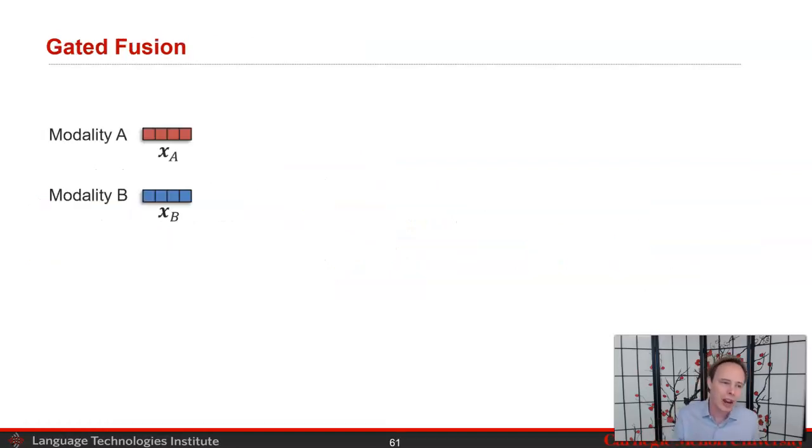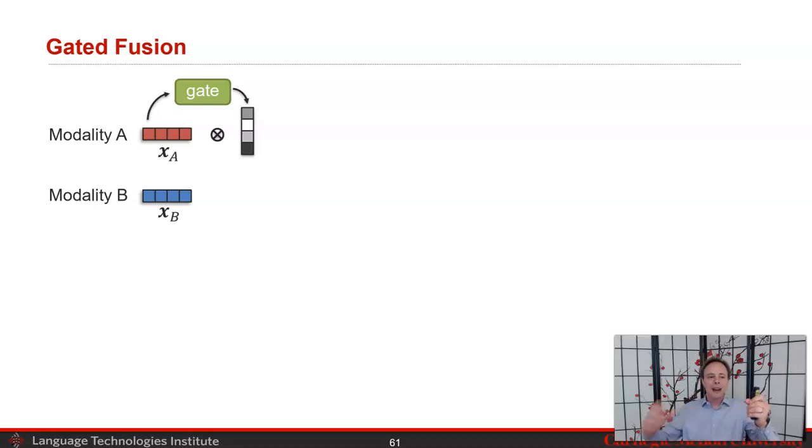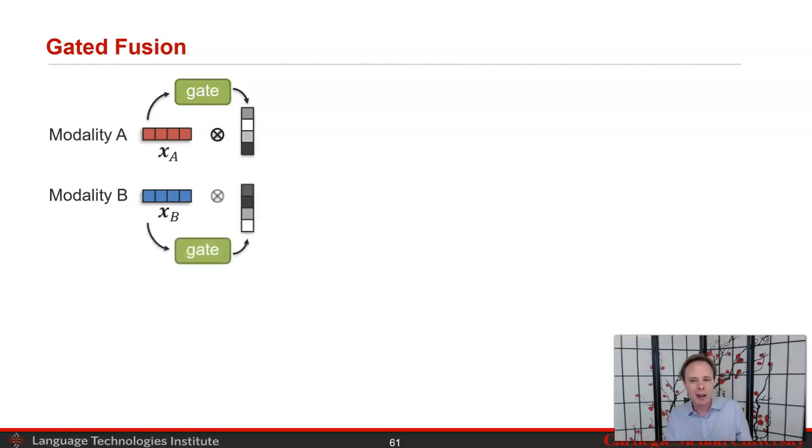I want to also share another one which is closer to the transformer and self-attention approach, which is called gated fusion. Gated fusion says that you have one modality, and through a gate, you can call it an attention module, you will learn the best attention weight, and similarly for each modality.